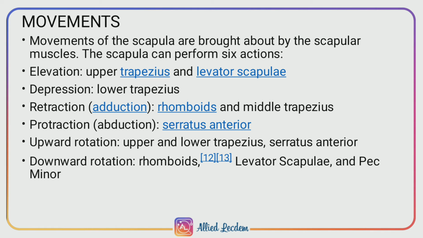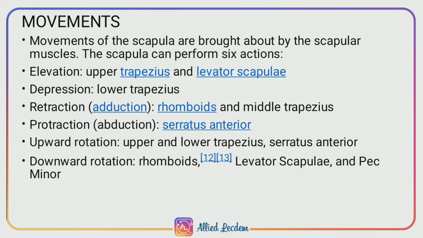And what kind of movements are brought by these muscles which originate or insert into the scapula bone? It performs six actions, namely elevation, depression, retraction, protraction, upward rotation, and downward rotation. The elevation is brought by upper trapezius and levator scapulae muscles, whereas the depression is brought by lower trapezius.